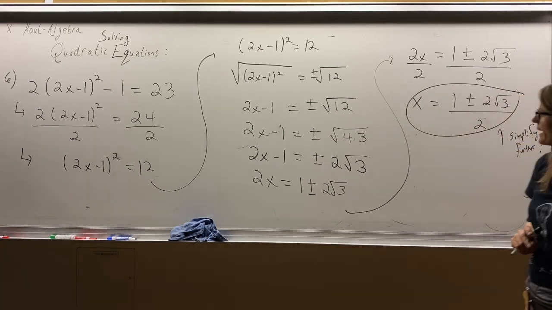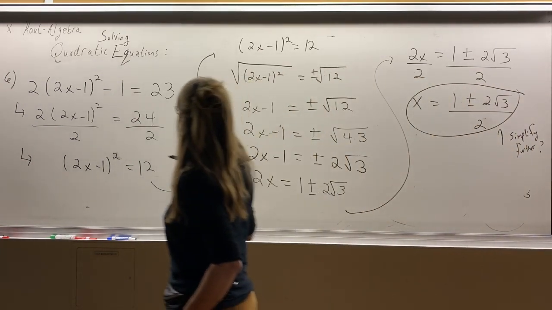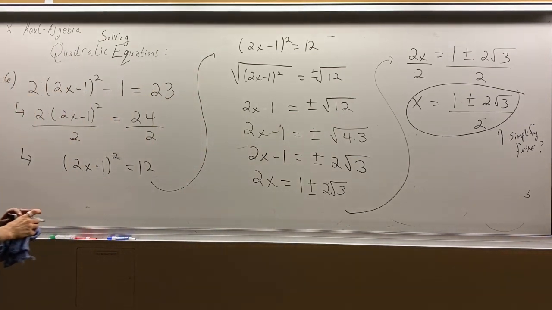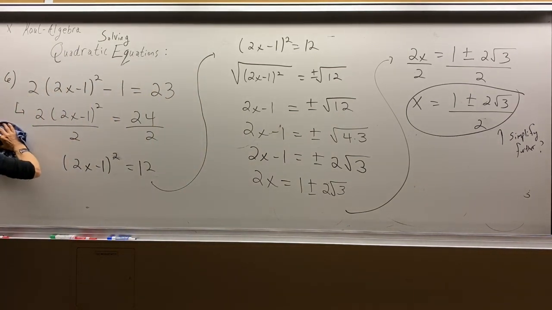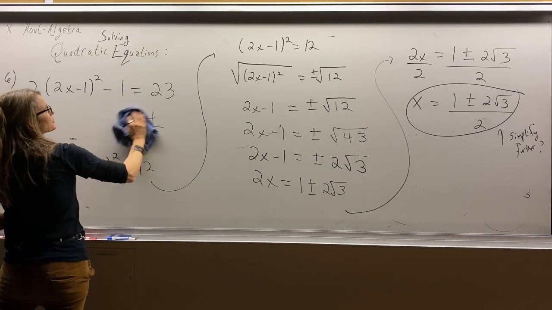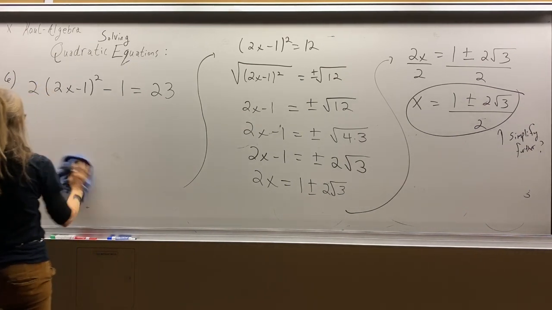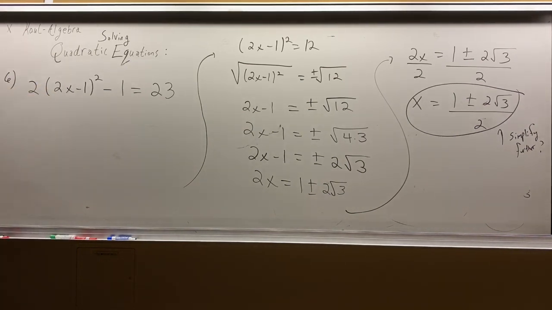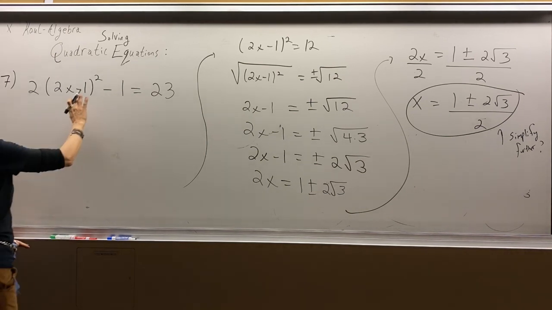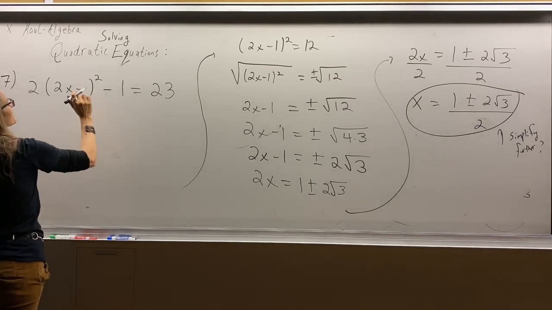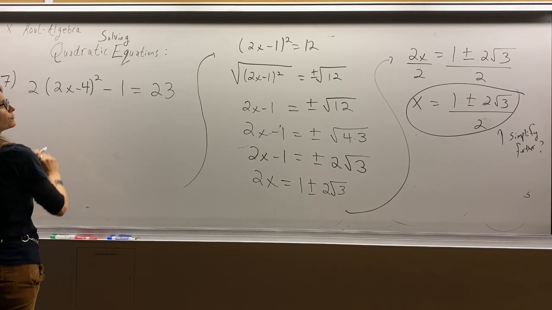Okay. Now, if we tweak this just a little bit more, let me make a new problem here. I'm going to change one aspect for you, and we'll make problem number 7. What I'm going to do is make this a 4.